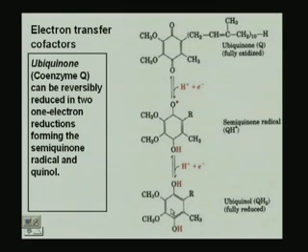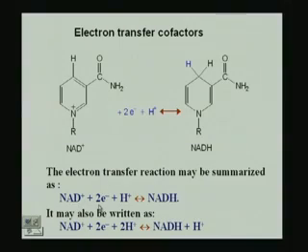Now, the use of coenzyme Q is its efficiency in being able to accept 1 electron, 1 proton at a time. Okay? In the other cases, you may need 2 electrons. For example, in NAD plus going to NADH, if we go back and look at the reaction, you need 2 electrons for the reaction to go to NADH.